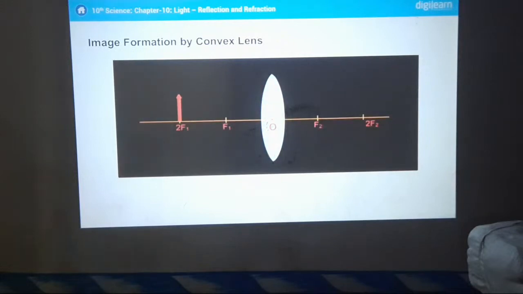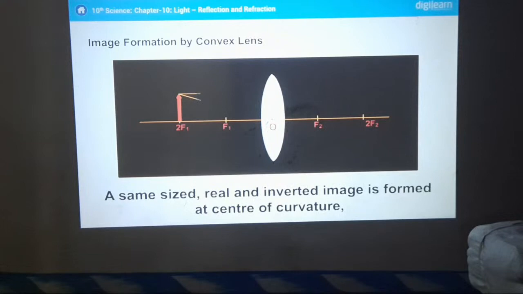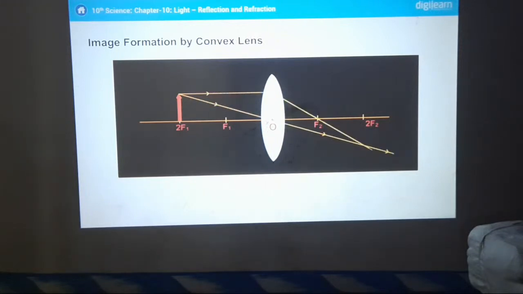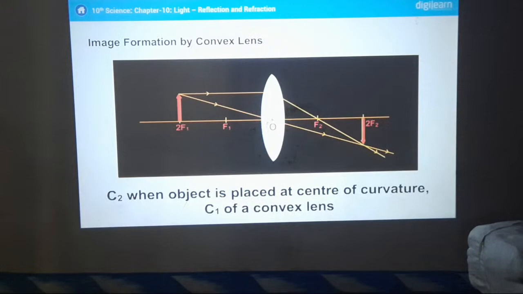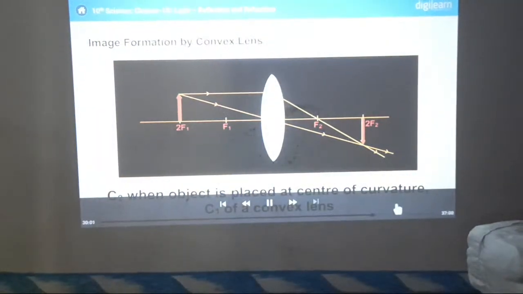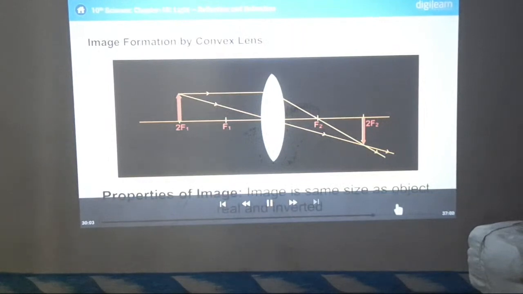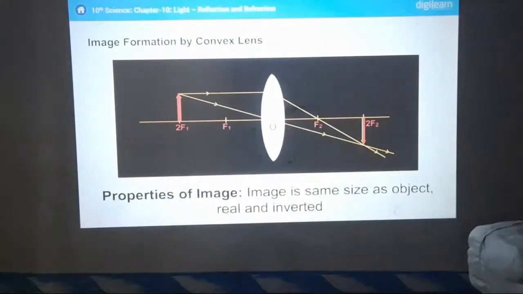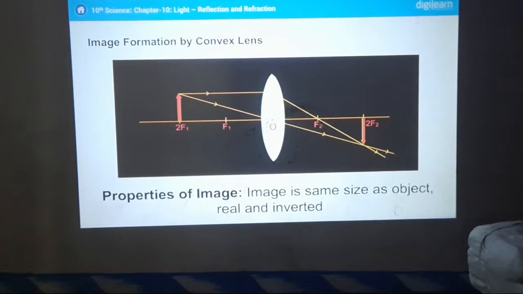Object at center of curvature C1 or 2F1. A same-size, real and inverted image is formed at center of curvature C2 when the object is placed at center of curvature C1 of a convex lens. Properties of image: the image is the same size as the object, real and inverted.